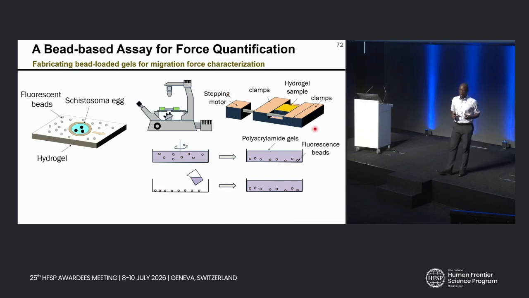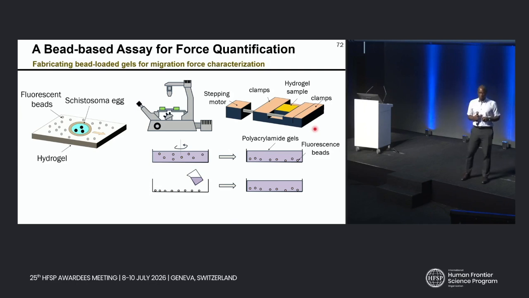After that, we went to the next step of trying to create this bead assay system. The whole idea here is, as movement occurs over the gel, we should be able to track the vectors that tell us how the movement or the forces are developed. This is a very old trick where you have fluorescent beads embedded in a gel, and whenever movement occurs, there will be deformation, and when we track the deformation, we are able to quantify the forces.